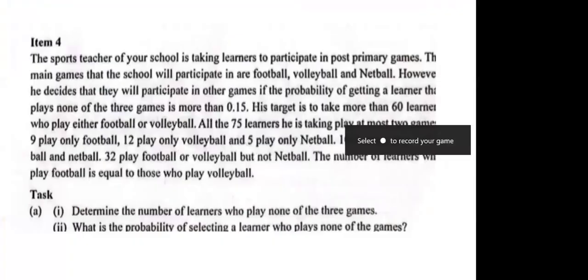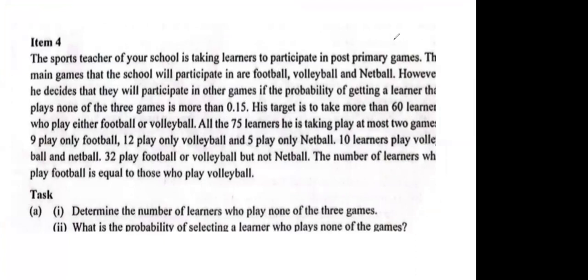Now, when you look at this item, I think I saw people saying in the chat it was workshop. I want you to pay attention because the statement here had football, volleyball, and netball. So first say F is for football, V is for volleyball, and N is for netball. However, he decides that they will participate in other games if they provide. His target is take more than 60 learners. Now, this is where you needed to know.